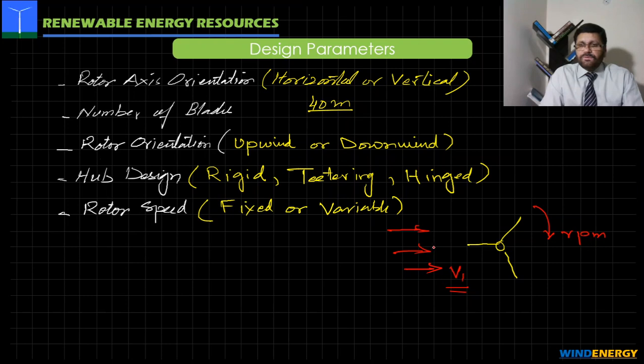Now with the change in velocity of the wind, the angular velocity of the turbine is going to change. So if you design it such that this change is in relation with the velocity of the wind, that is variable rotor speed design. Or if you design it such that whatever the velocity of the wind, the rotational speed is going to be fixed. So this is one of the considerations: you design for fixed rotor speed or variable rotor speed.